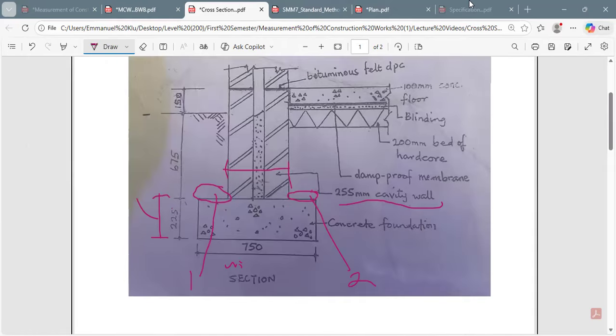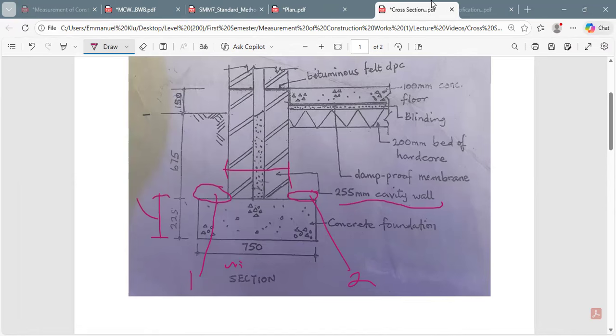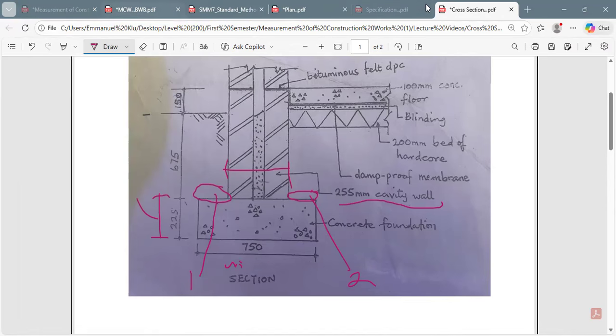If I go to the cross section, there is one spread over here and another over here. So I have to divide the 495 by 2, so that I can get the spread for one side and for the second side also. That is how it is.